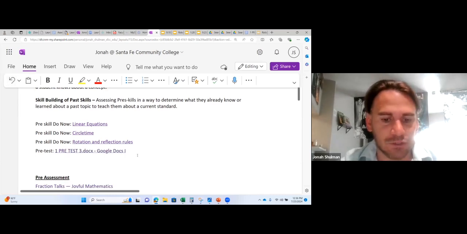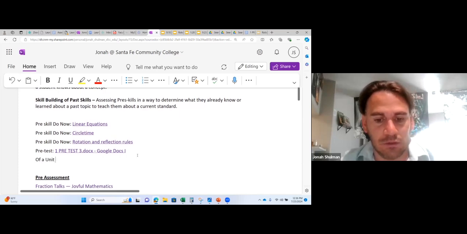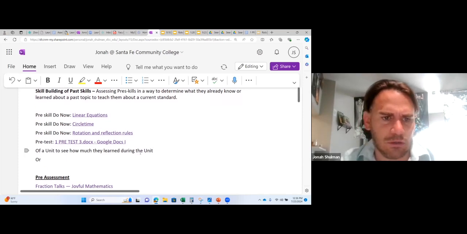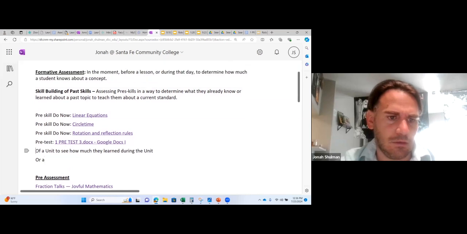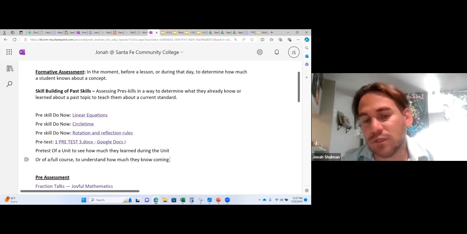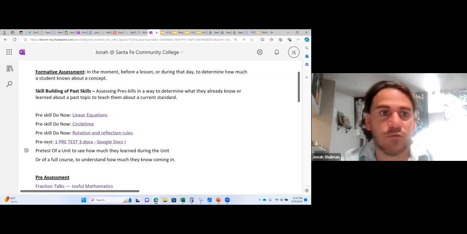So the pretest you can do of a unit to see how much they learned during the unit, and you can compare their grades before and after, or of a full course to understand how much they know coming in. And that can really inform the way you're teaching, show what you're going to focus on.